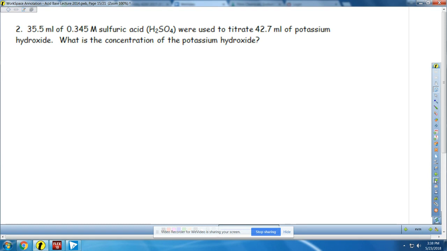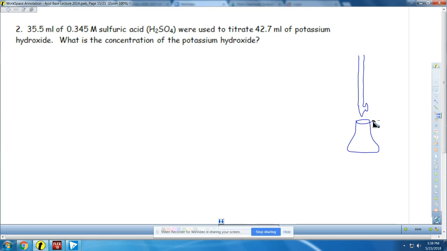Again, the setup. So I'd have a burette, a long skinny burette with a little valve stopcock on the bottom and a flask. That one's kind of lopsided, but I can live with it. The solution of known concentration goes in my burette.